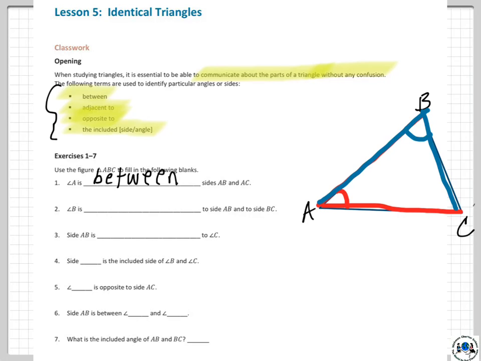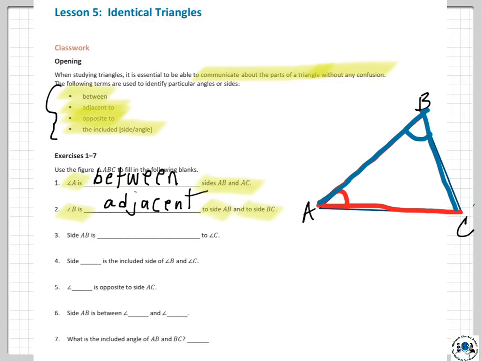So the answer here is adjacent to side AB and to side BC. The difference is just in the wording at the end. We said angle A was between sides AB and AC, both of them at the same time. But now we're saying angle B is adjacent to side AB and to side BC separately.